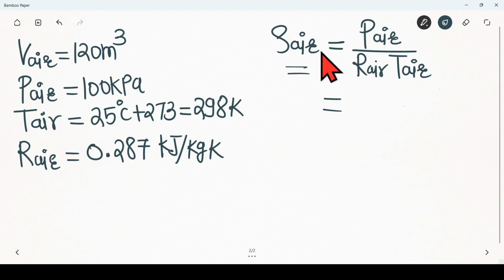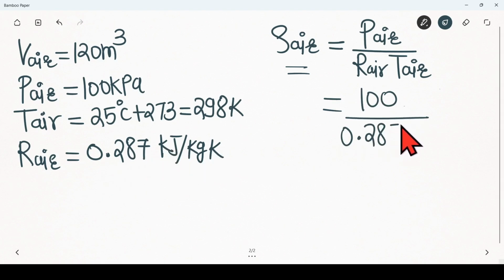Okay, so now let's calculate the density of the air, which is equal to P divided by RT. So the pressure we are going to use in kilopascal, so 100 kilopascal. Gas constant is equal to 0.287 kilojoule per kg Kelvin, multiplied by the temperature of the air.